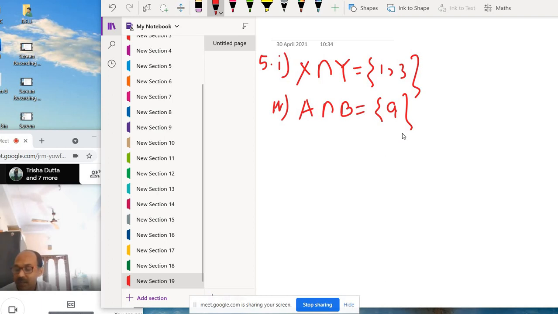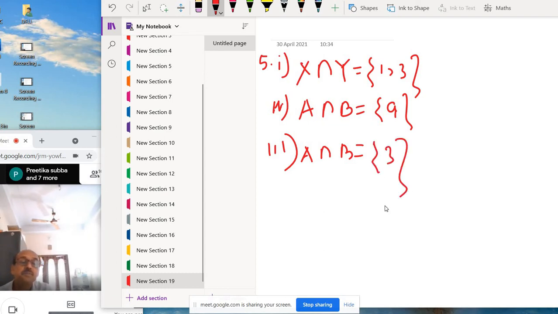So what is common? 3 only. So A intersection B equal to 3.